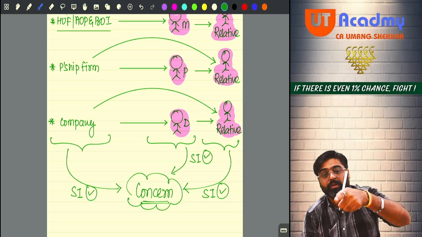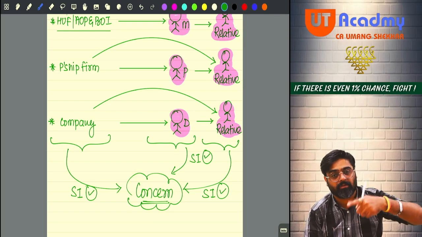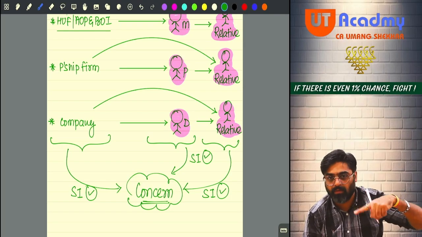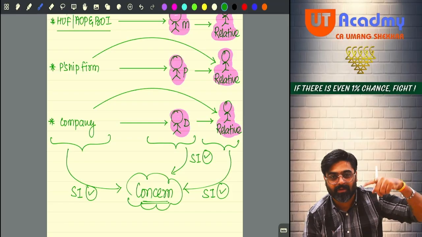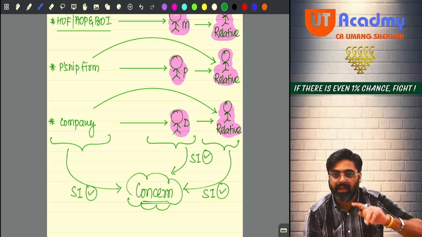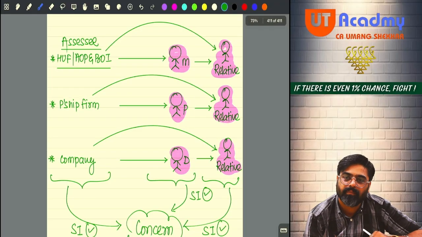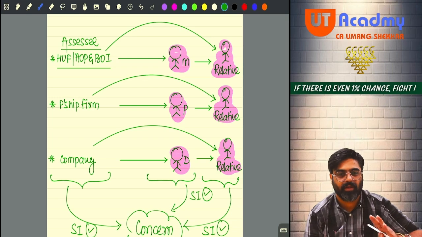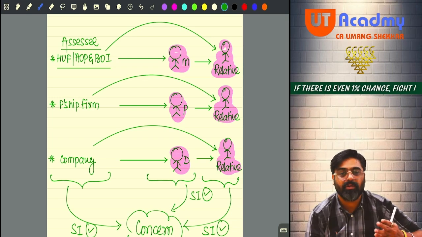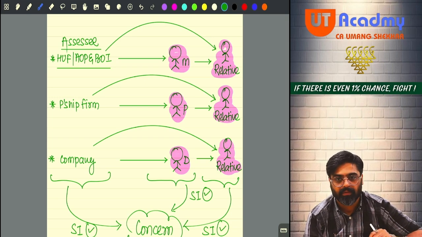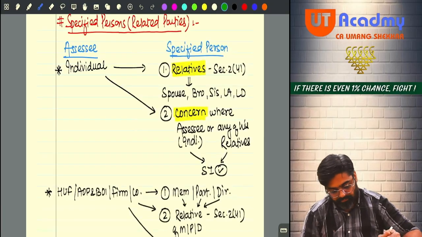Any payment made to this concern which is unreasonable or excess will be disallowed. Not completely, the excess amount, the unreasonable amount will be disallowed. Will you remember this? Sure, sir. This is the end of section 40A, subsection 2. Done. Sure?